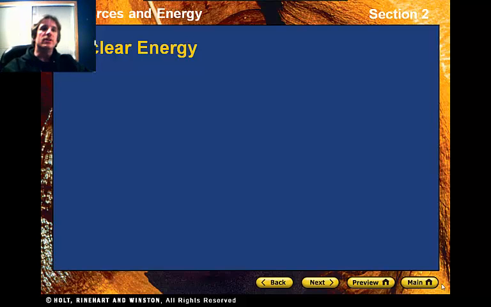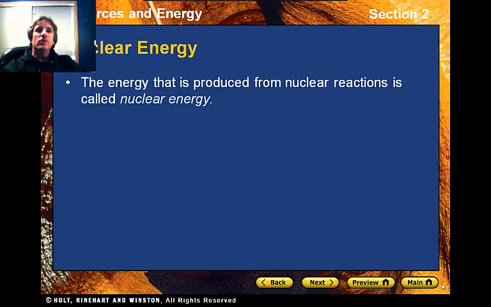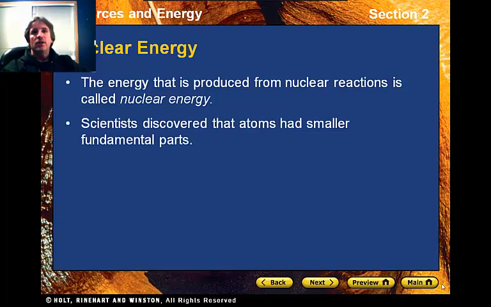Okay, nuclear energy. When there is a nuclear reaction, it's called nuclear energy. We need to talk about the fact that all energy is basically produced the same way. We take water, we turn it into steam, and it turns a turbine which generates electricity.